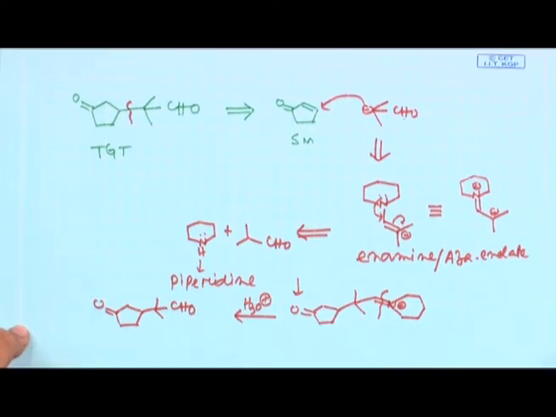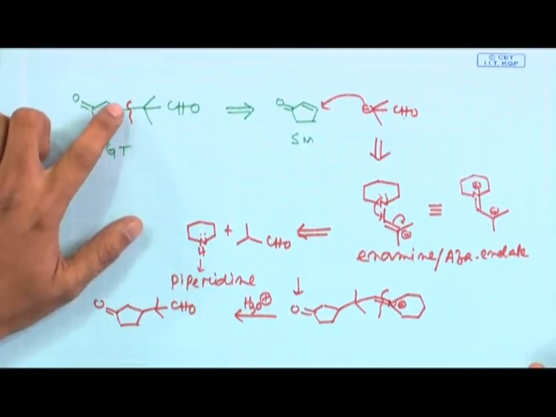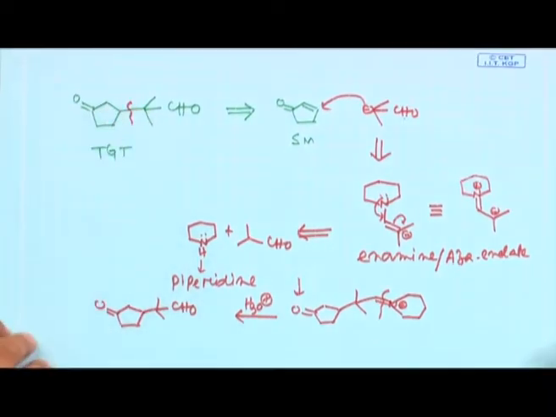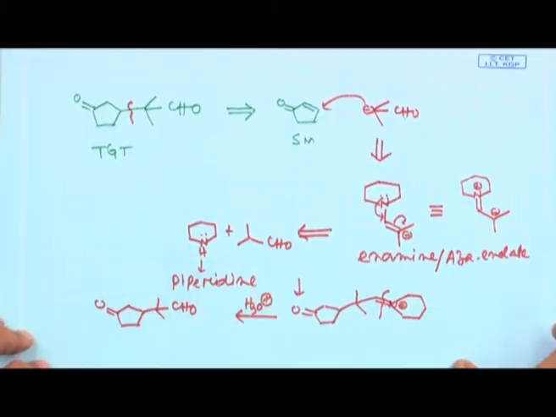So, this transformation is based on enamine or aza-enolate alkylation, and we took a compound, cyclopentenone, where we are making a new carbon-carbon bond through enamine alkylation. And this is a very powerful method to make a new carbon-carbon bond.